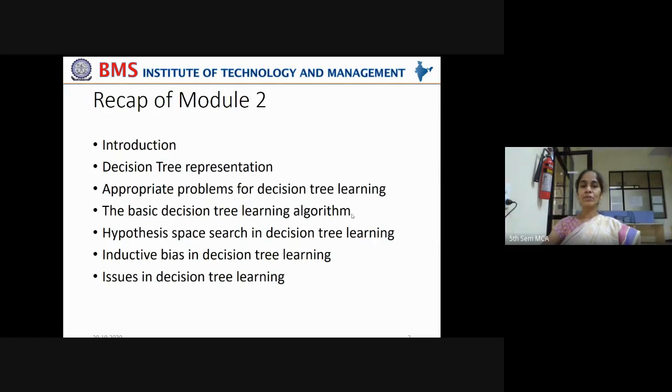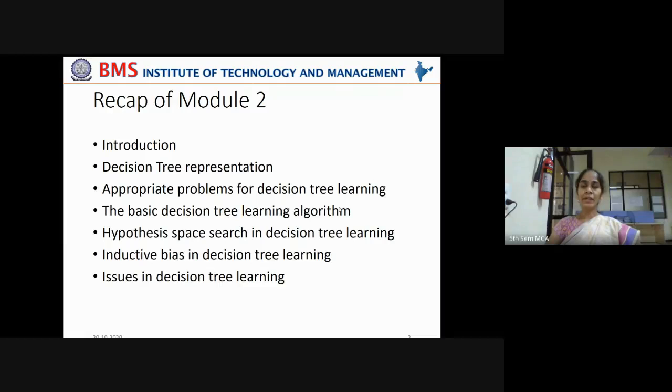And also the issues in decision tree learning we have covered, like overfitting the data, where we may misunderstand it as accuracy being very high, but actually that is overfitting. The machine learning model is learning too much from the data so that it can't generalize well to unseen or new data. So how to avoid that overfitting? What are the techniques to avoid it?